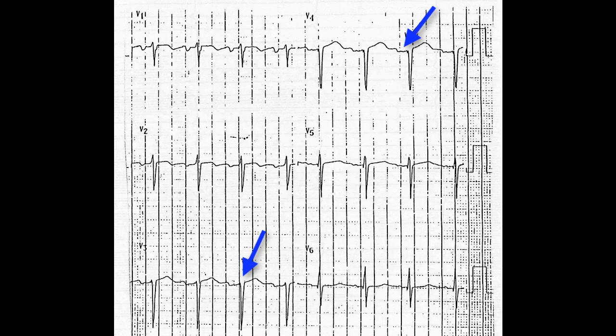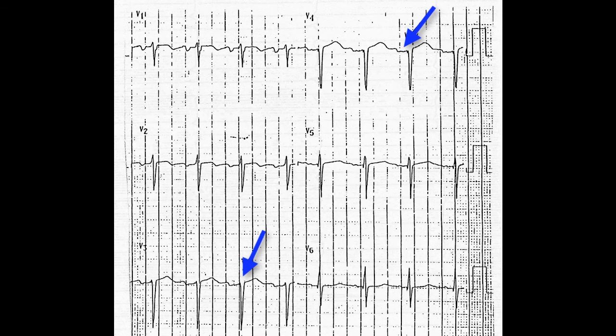This is kind of an unusual infarct, actually, but it's infarcted the what's called the anteroapical or direct anterior wall infarct. So an anteroapical or direct anterior wall infarct has Q waves in V3 and V4. And again, that's actually a subset of an anterior wall infarct.